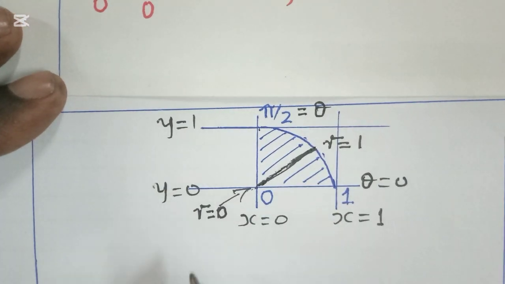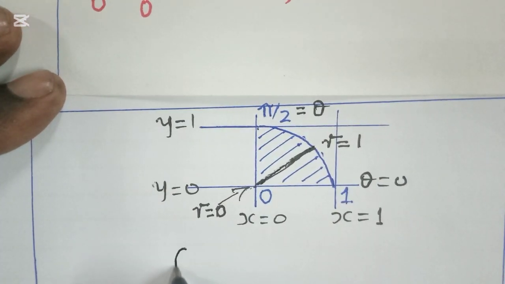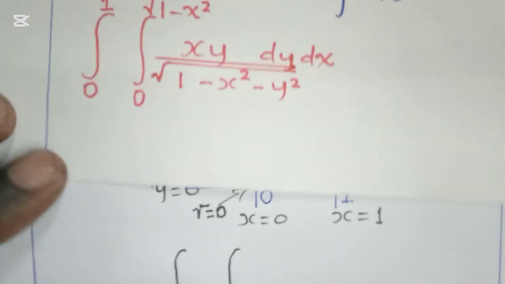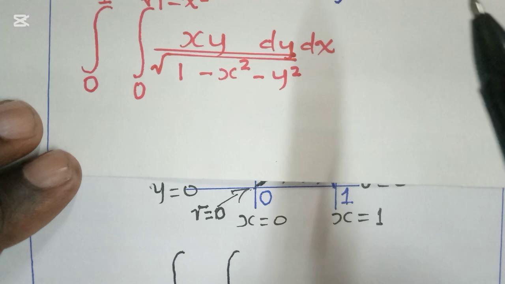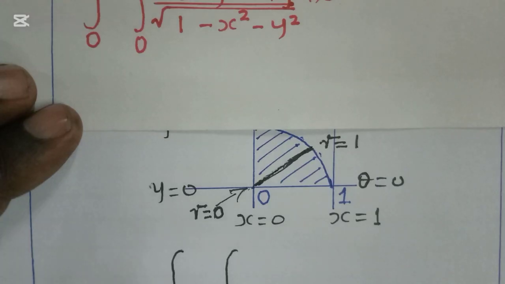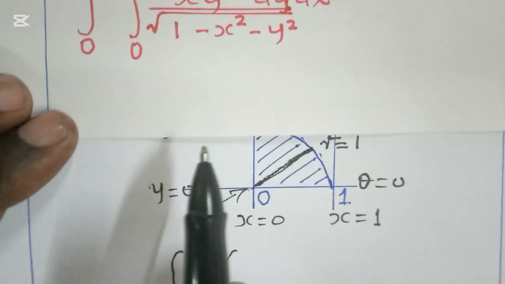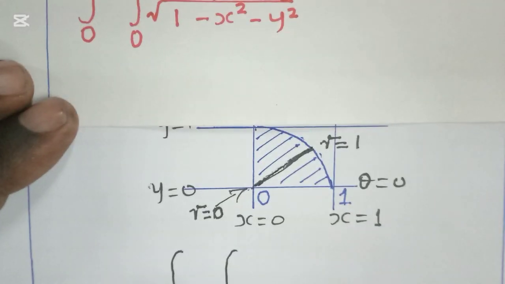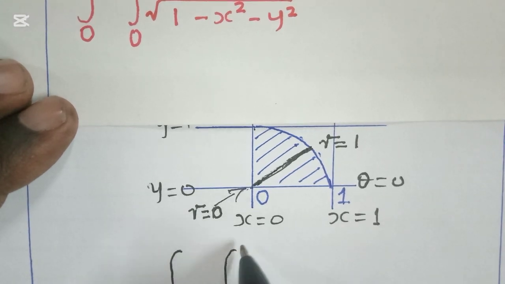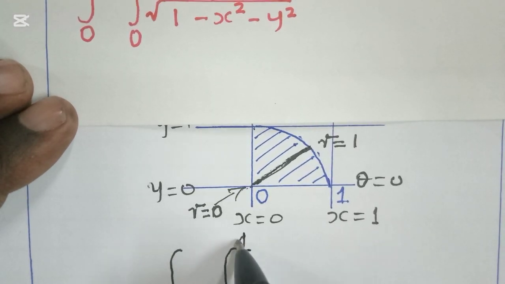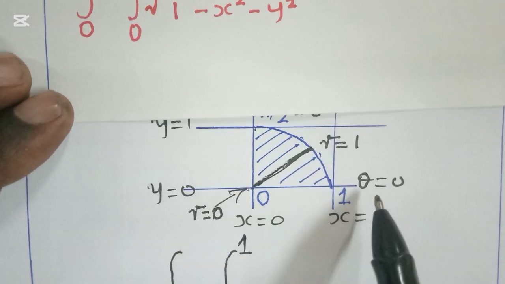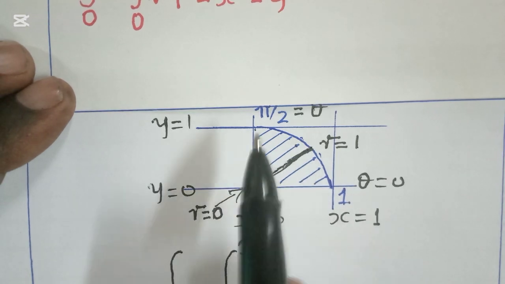So guys, I can now draw the integral here. That is the first integral, the second integral. The first integral, I'm going to move along the radius, so I'll have 0 here and 1 here, with respect to dr. Then with respect to theta, I'll move from 0 to pi over 2.